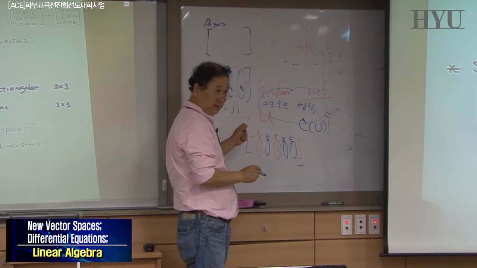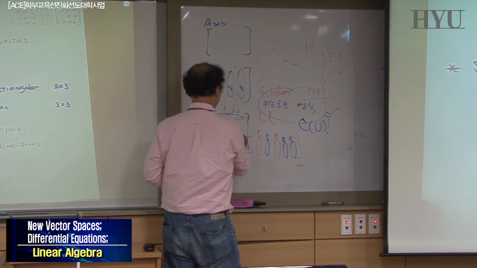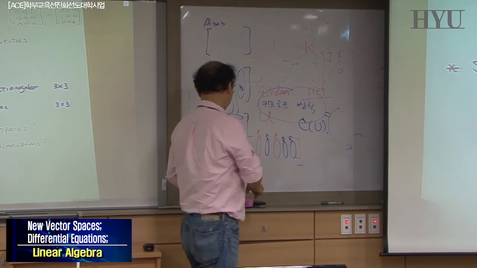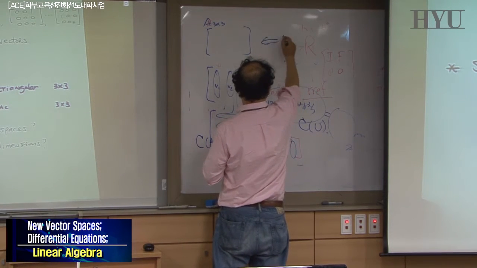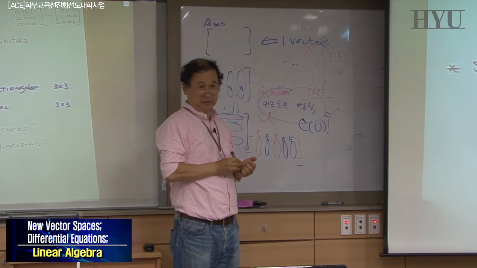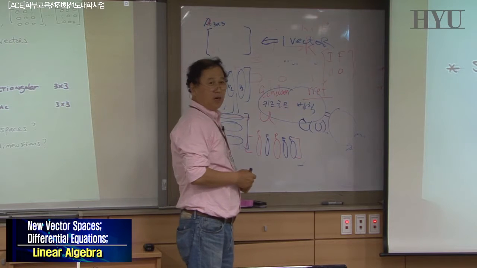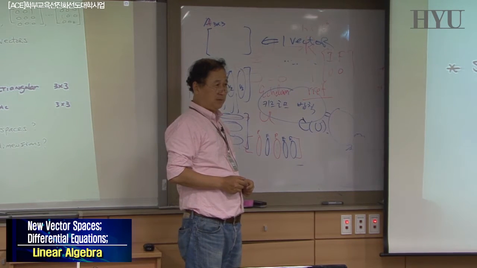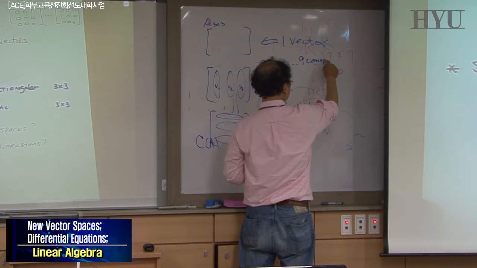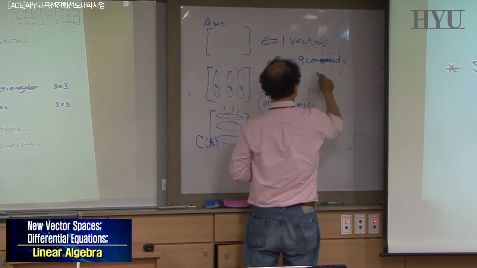Now I have a very different view: I just see this as one vector. Then how many components in that vector? 9 components, right? Whatever component, then all cases are aligned.